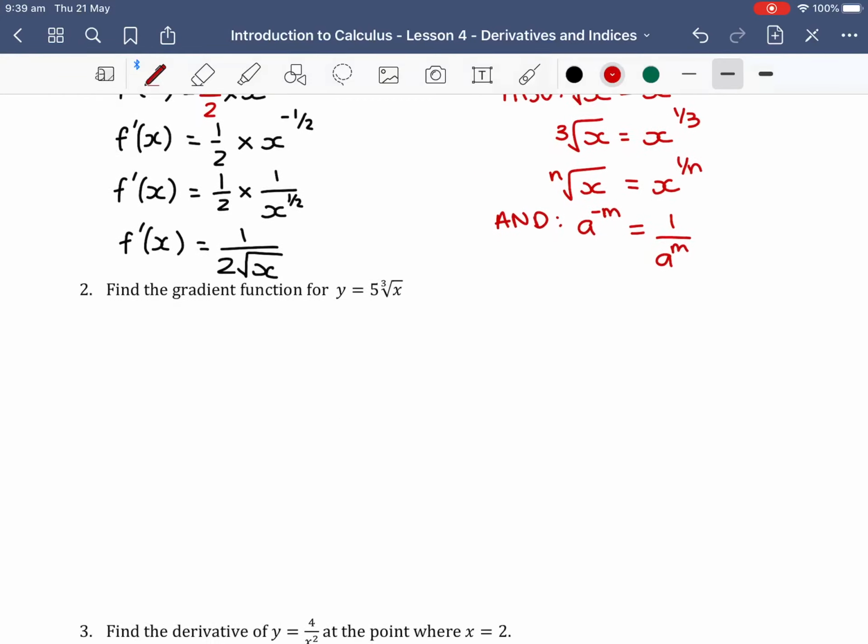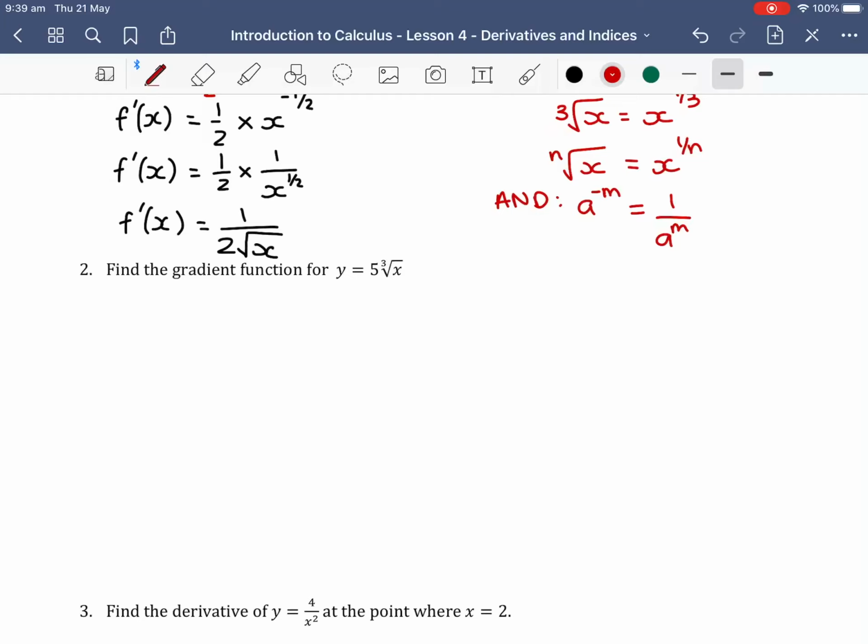Moving on to example 2, we have to find the gradient function for y equals 5 cube root x. We're going to break the function up, so y equals 5 times the cube root of x. Then we want to convert the function to a power of x.